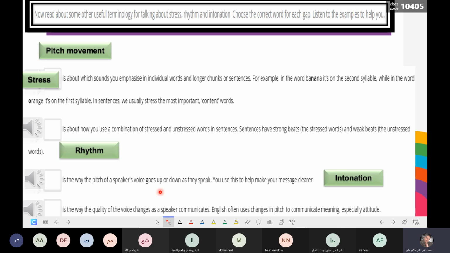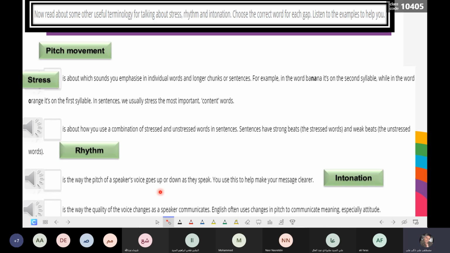We have different levels of voice, and in some cases we use a high level of pitch, and in other cases we talk in a flat or lower voice. These different levels of pitch mean we need to send a message.